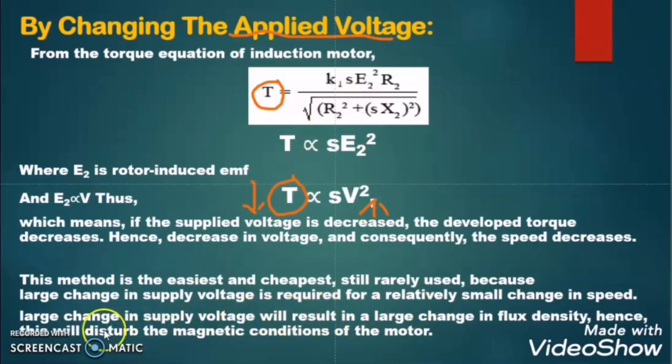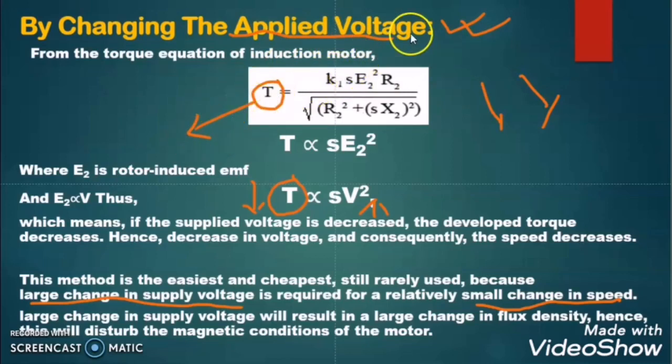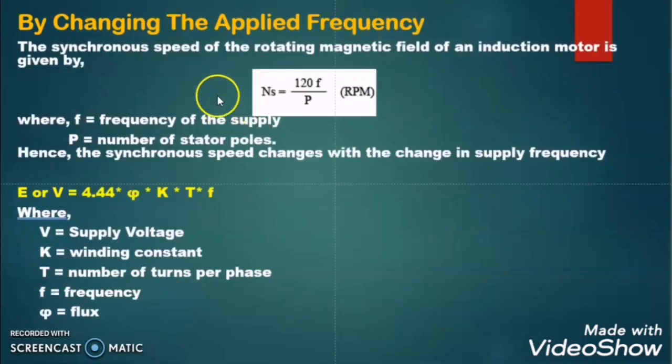And we also find that by changing a large amount of the applied voltage, we are getting a very small change in the speed. So the range of controlling the speed of the motor is very limited when regulating the speed by changing the applied voltage. And the biggest drawback of this method is that we are compromising with the torque. As we decrease the voltage, we are decreasing the torque of the motor.